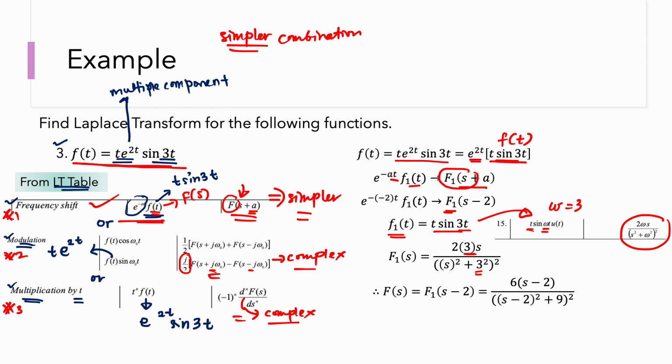What is the value of a? The value of a is equal to negative 2. So s here should be s plus a, and this is also s plus a. So this is going to be our final answer.